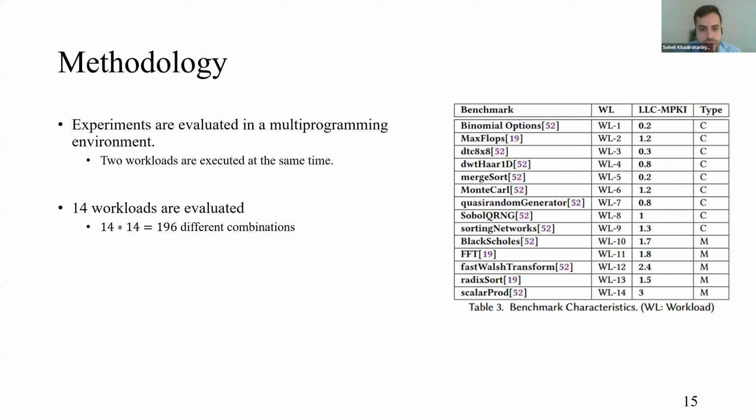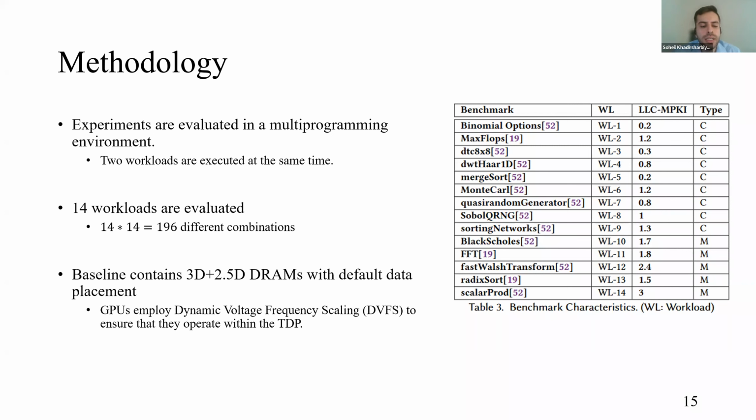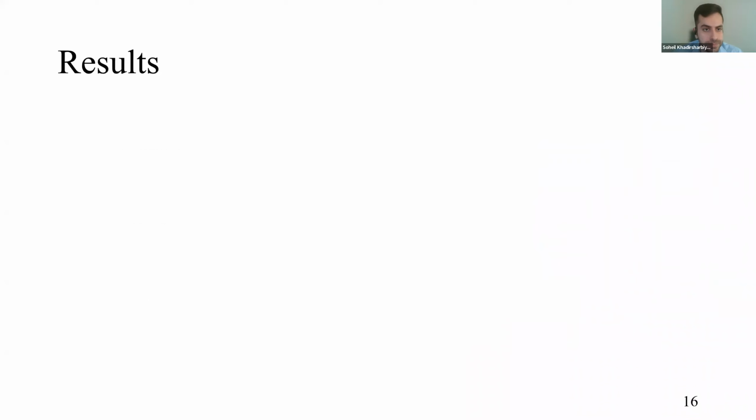Some of them are not benefiting because, for example, some of them are not even accessing the memory. But to make sure that all of the different combinations are valid, we experimented with all 196 different combinations. For the baseline, we use a 3D plus 2.5D DRAM integration with default data placement, and we also use DVFS to ensure they operate within their TDP.